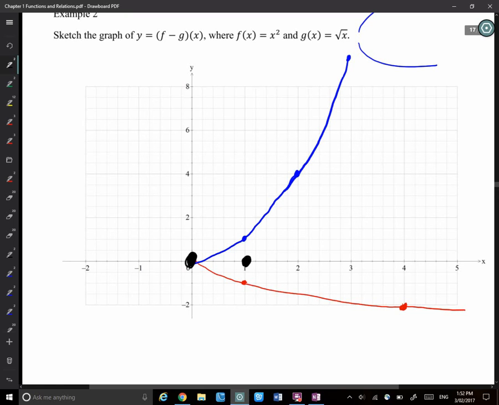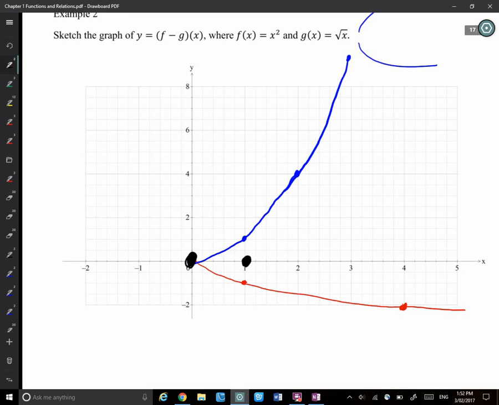Can you see that? We cannot find any other point that has the same height now. Because after 1, think about the behavior of the graph. X squared increases really fast, right? But square root x will increase slowly. The square root increases: 1 to 1, 4 to 2, 9 to 3.